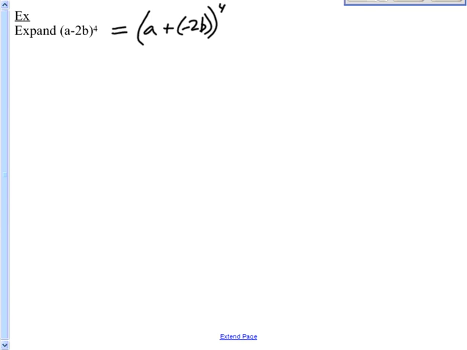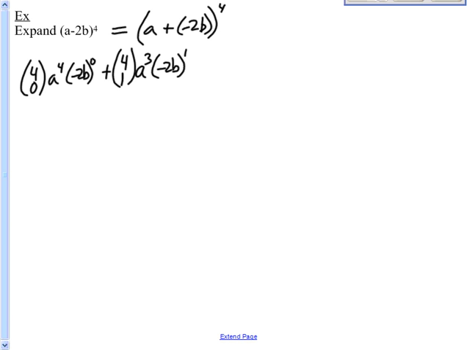Let's expand this. So this goes n choose r, and we're going to let r be 0 first. So 4 choose 0. A is to the fourth power, and negative 2b is to the 0 power. Then 4 choose 1. A now goes down to the third power, and negative 2b goes up to the first power. 4 choose 2.